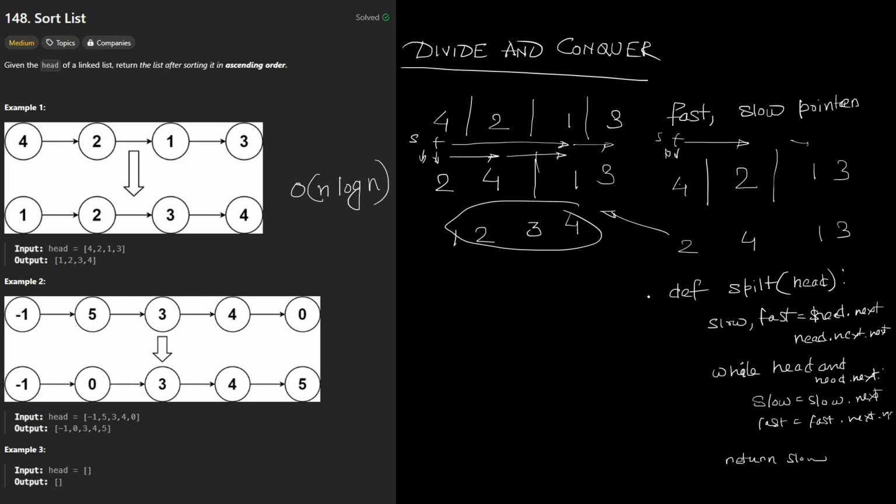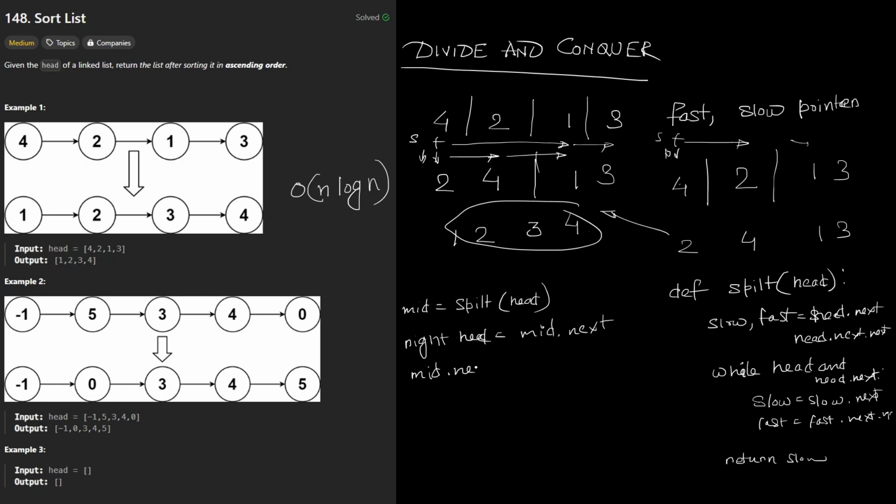So this function is going to get called, let's say, to get the mid. I can say split and pass in head. Whatever we got, I can say head equal to mid, and to make this split, mid dot next. Because after all it's a linked list, you have to make something null to split it.